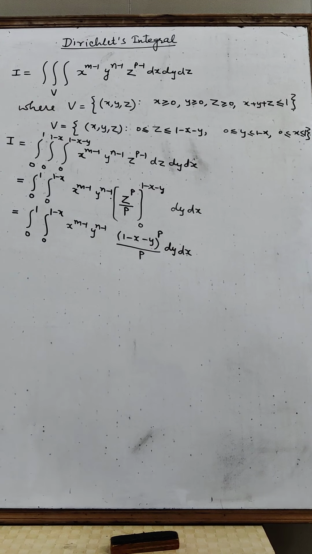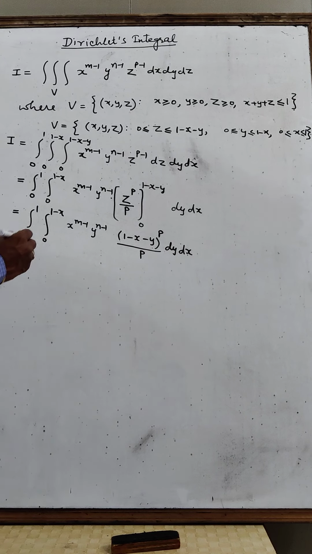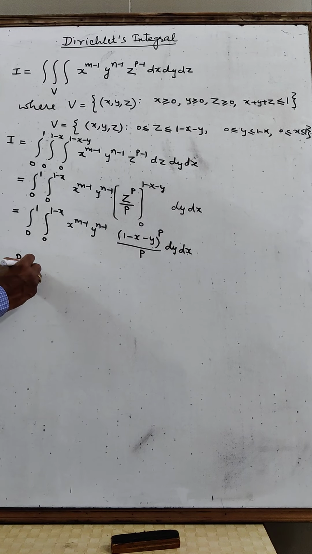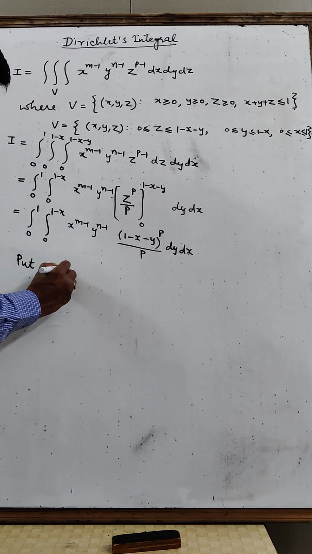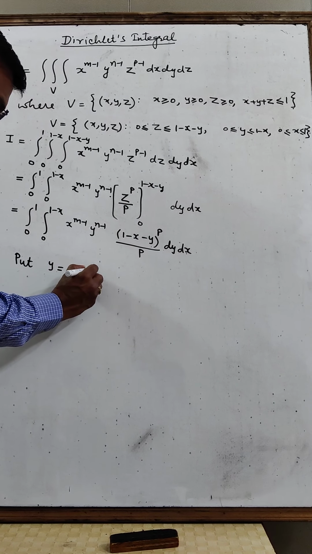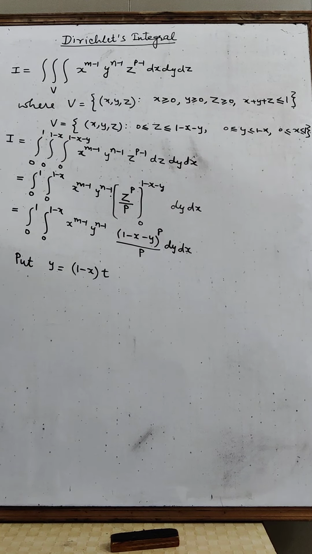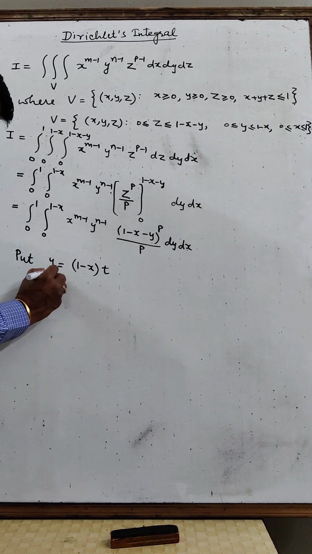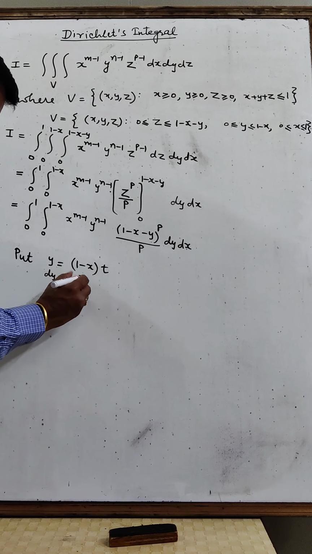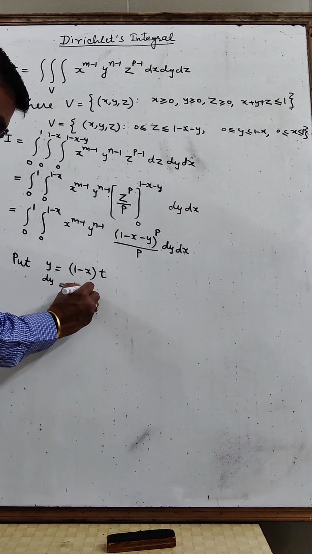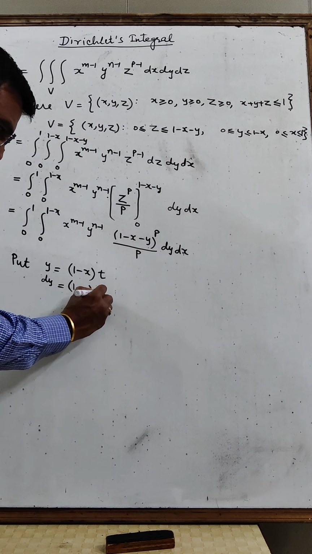For that we will use a substitution. Put y equal to 1 minus x into t, then dy will be equal to 1 minus x into dt.